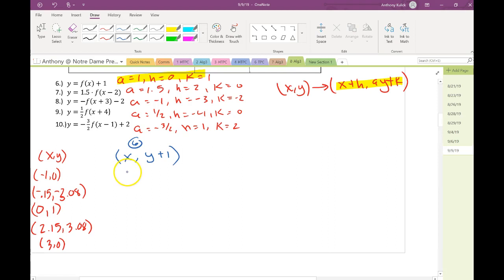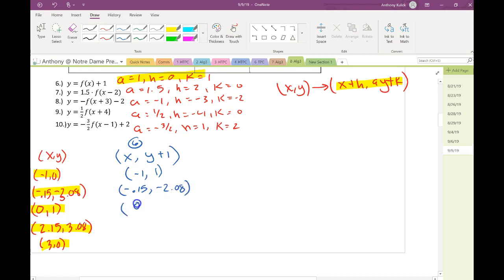And now I'm going to perform that transformation on each of my x, y pairs. So negative 1, I plugged in for x. I plugged 0 in for y. 0 plus 1 is 1. Negative 0.15 is x. And then negative 3.08 plus 1 is negative 2.08.